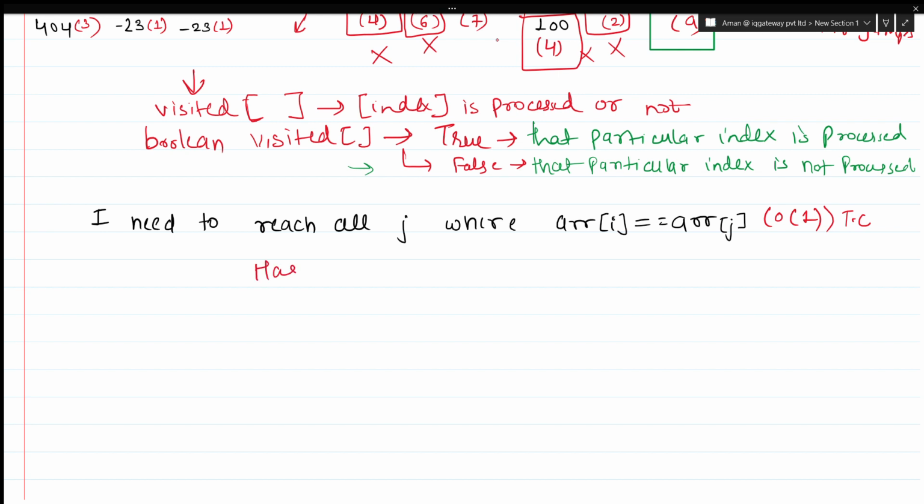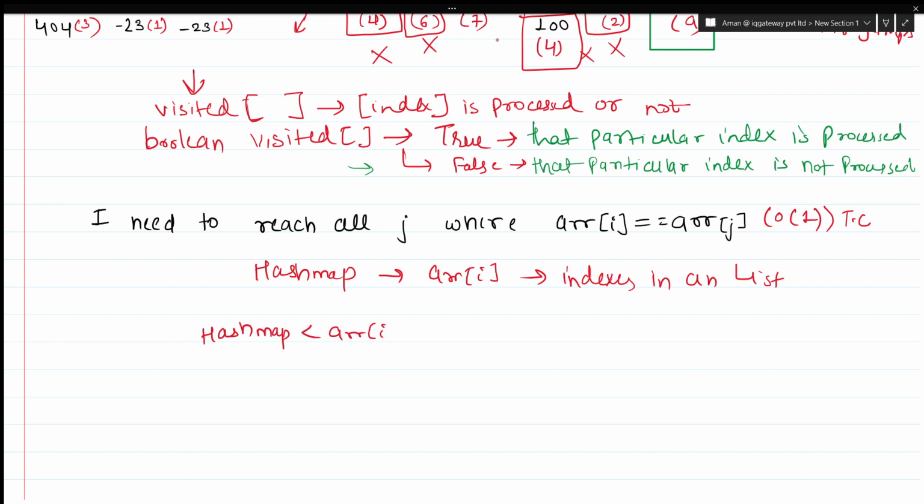Can I use a hash map for that? A hash map where for all ARR of I, I will be storing the indexes in a list. So the hash map stores ARR of I and a list of indexes.